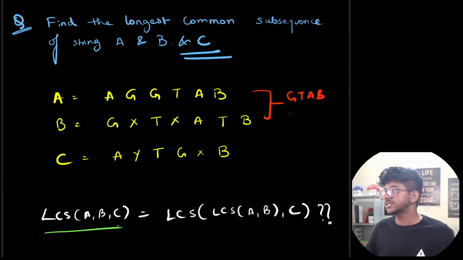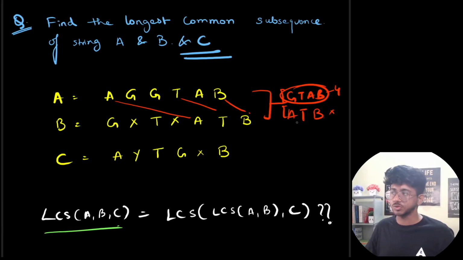Another option I can see is A matches over here. So another common subsequence is A, T, B, okay. These are 2 different subsequences, and when you are finding the longest common subsequence, you will find this one because this is of length 4 and this is of length 3, so you will not use this one.